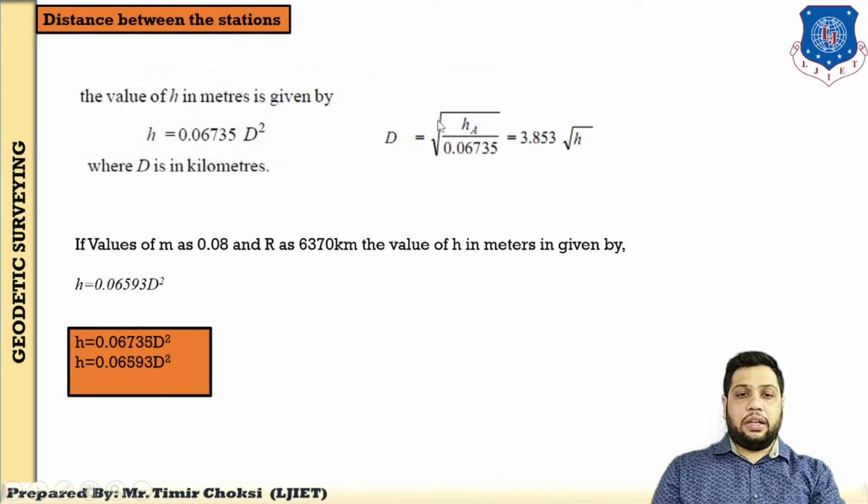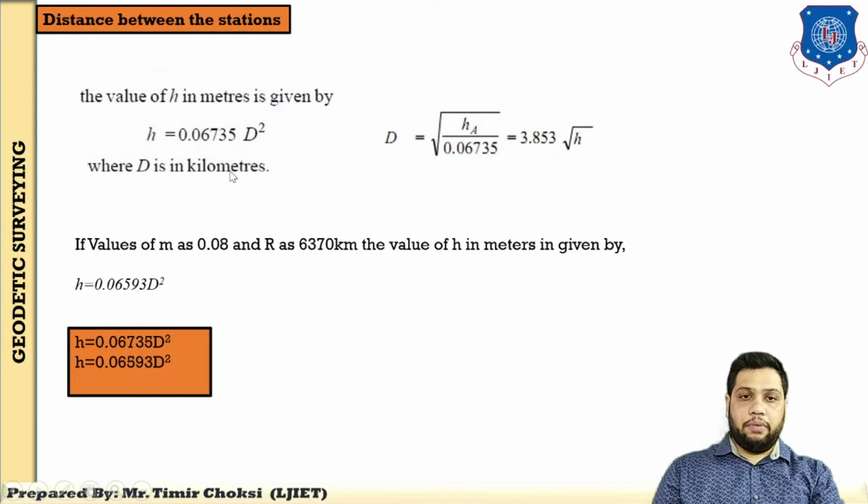You can write this formula in another form: d equal to under root h upon 0.06735. Solving this, we get d equal to 3.853 under root h, where d is in kilometers.